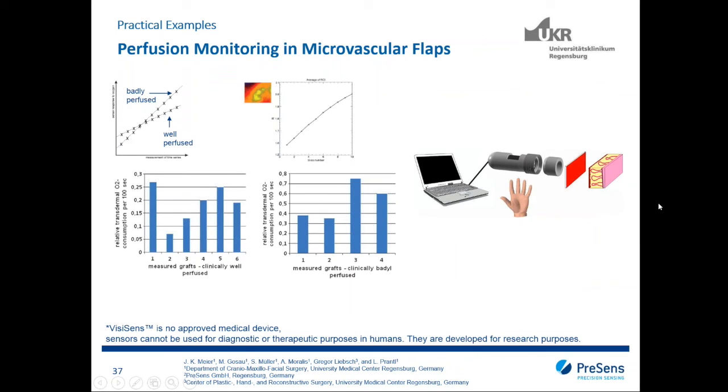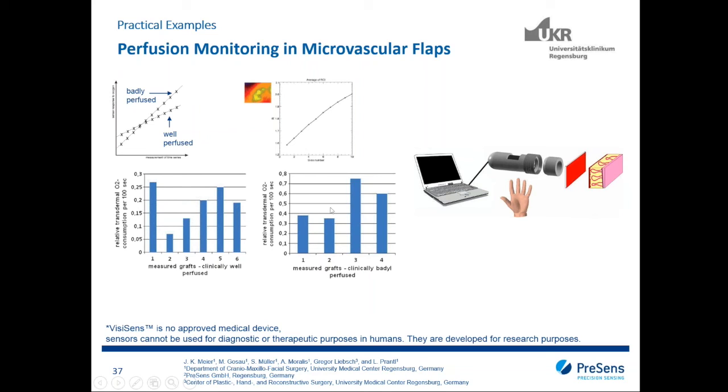Okay, for my last example, I have an in vivo example in humans. And this was perfusion monitoring of microvascular flaps. In microvascular flaps, you may have the problem that they are not well perfused, and if you put them into the body again and they are not well perfused, they may die over time.